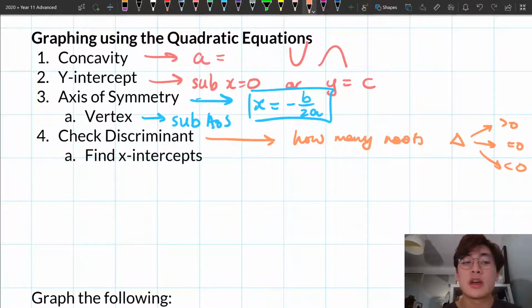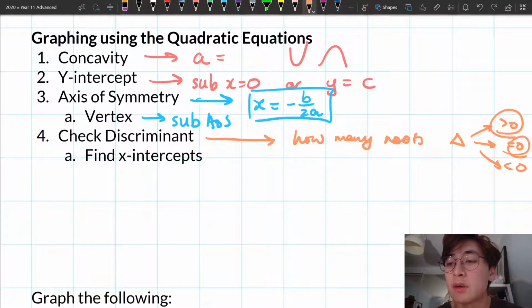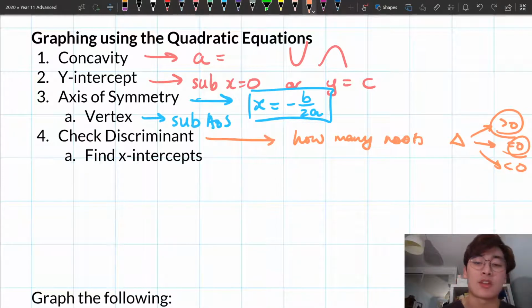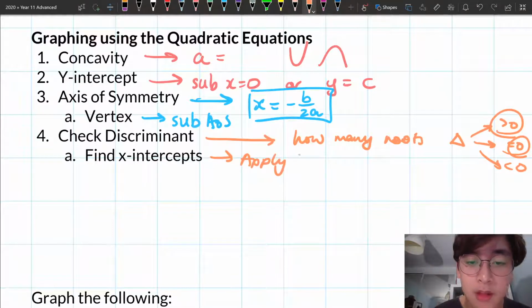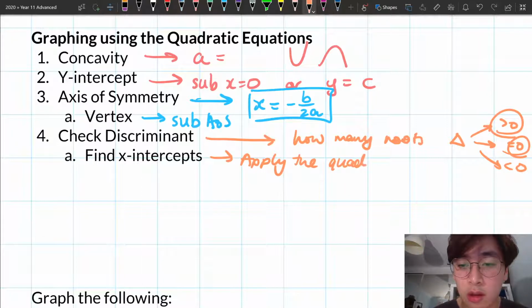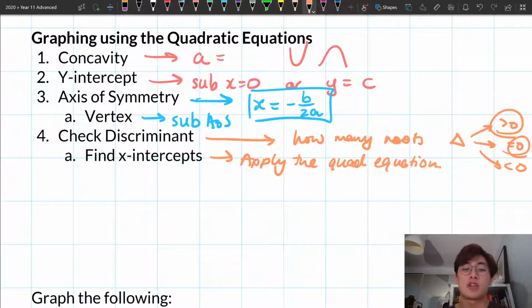If the discriminant is greater than 0 or equal to 0, then you find the x-intercepts, because if the discriminant is less than 0, it has no x-intercepts. So the x-intercepts are just a following step. You just use the quadratic equation to find the x-intercepts where possible.